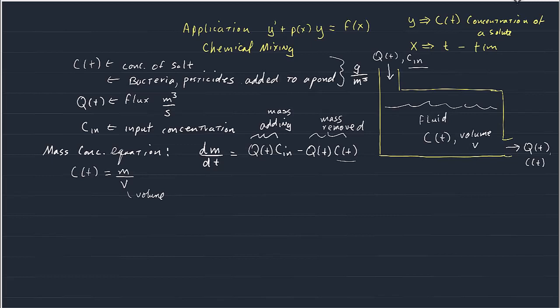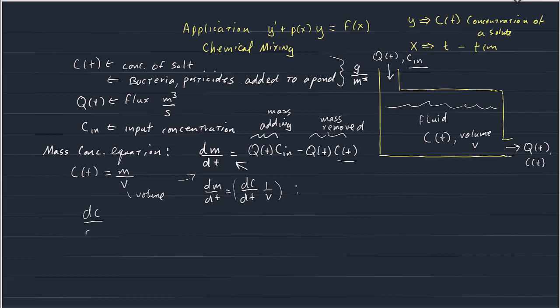So dm dt is equal to dc dt times the volume.